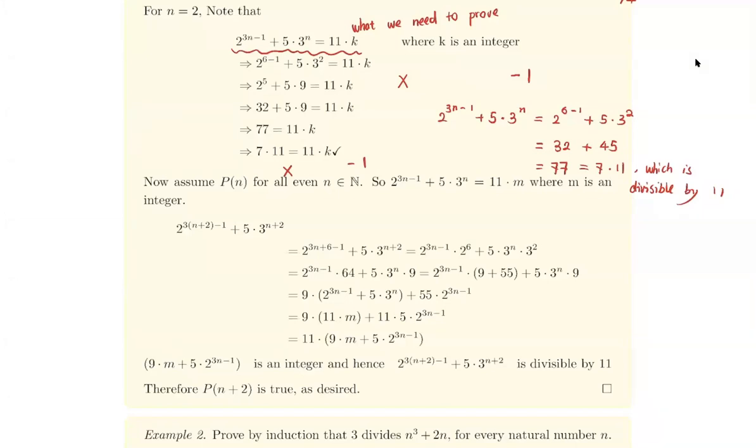Okay, some of you ask why is the induction step correct? So let's look at the induction step. Another thing I think one of you mentioned is why are we using n here instead of k? You can use k as well, it doesn't really matter, okay? So you can say assume Pk for some even k in natural number.